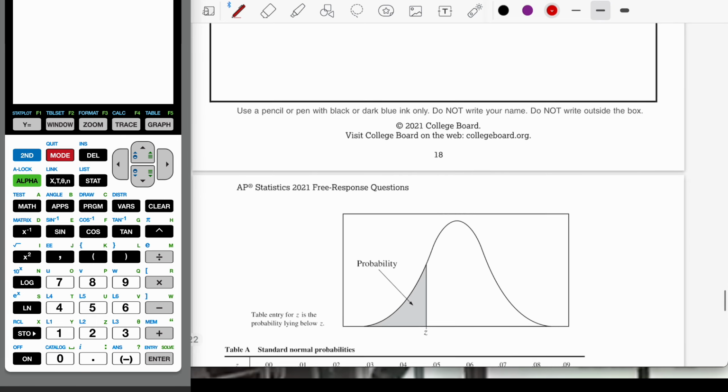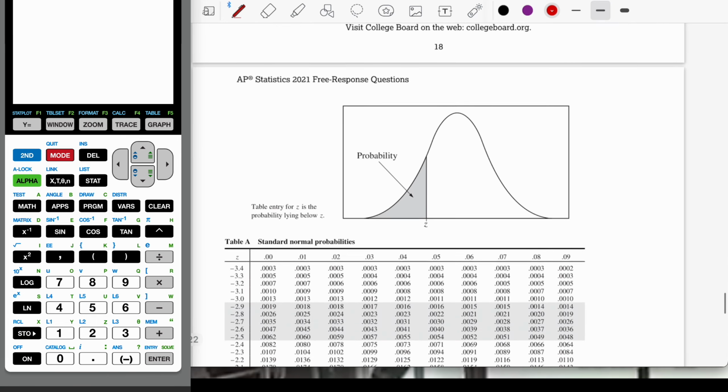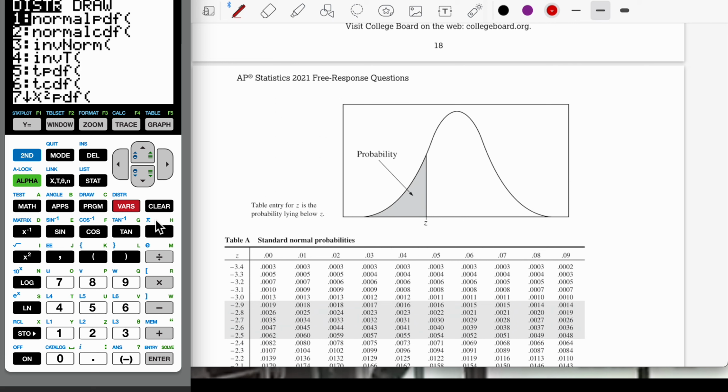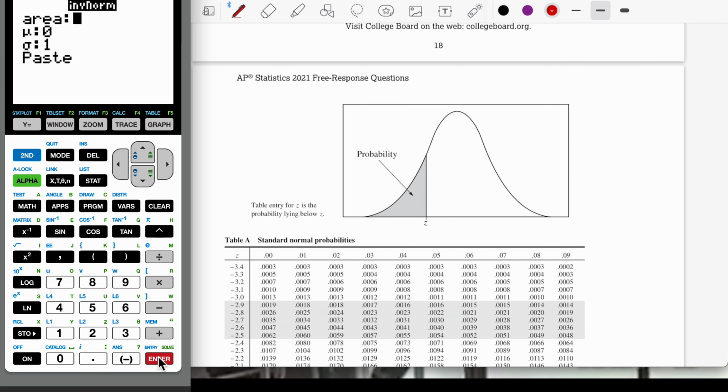All right. So if I wanted to find, for example, the inverse norm with an area of, let's say, 0.16, my calculator is going to spit out the z-score corresponding with that, about negative 0.99. All right.